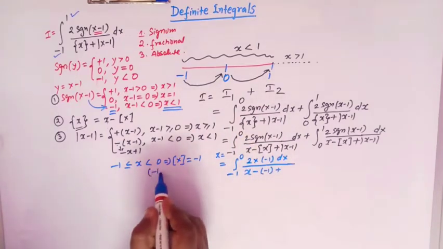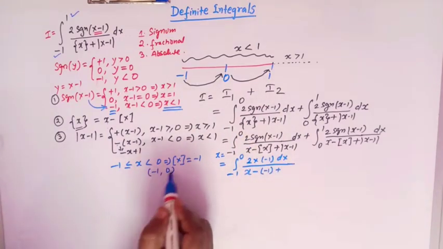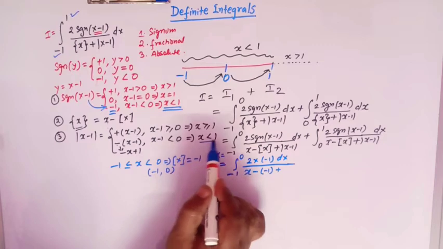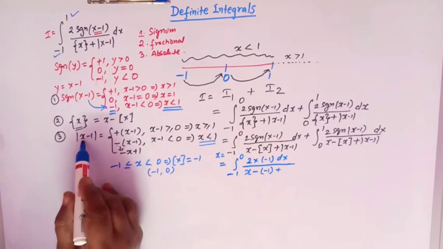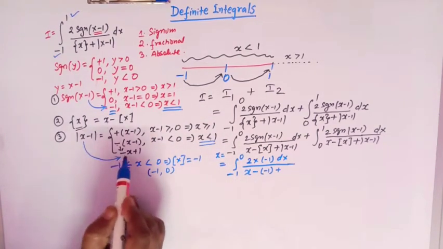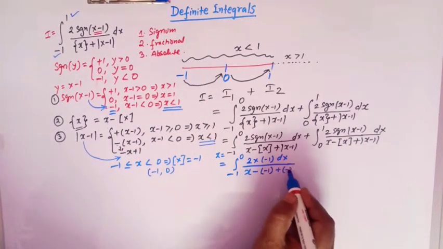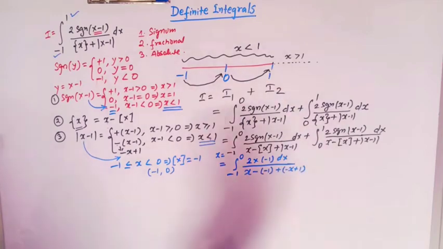So we have this interval, and in this interval x is less than 1, right? So when x is less than 1, then the value of mod of x minus 1 should be taken as minus x plus 1. So here we have minus x plus 1.